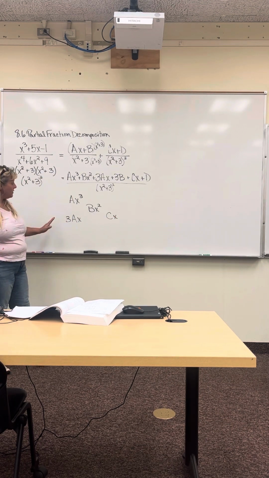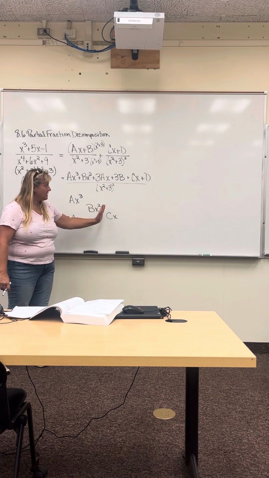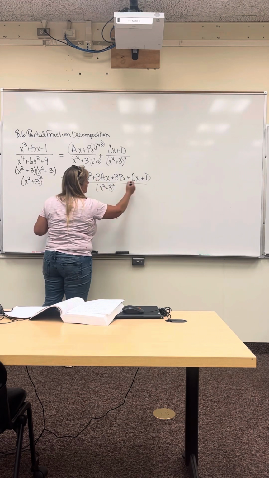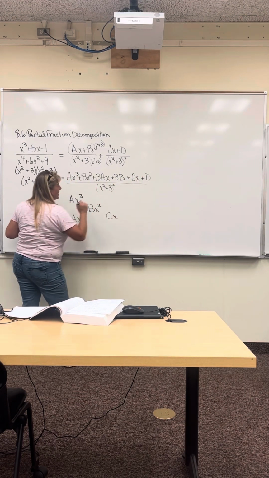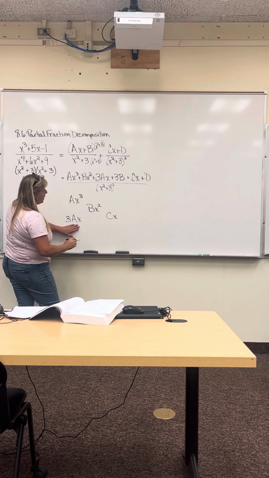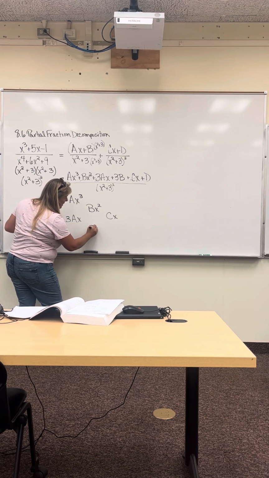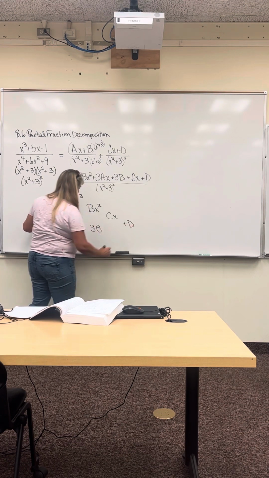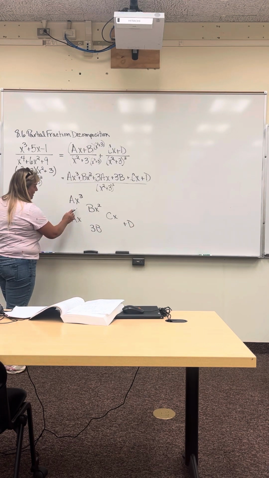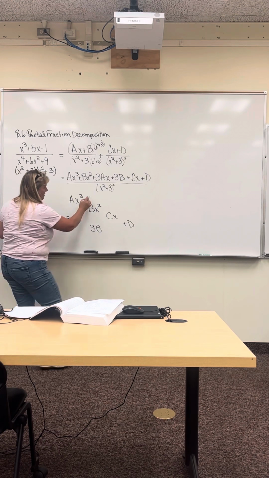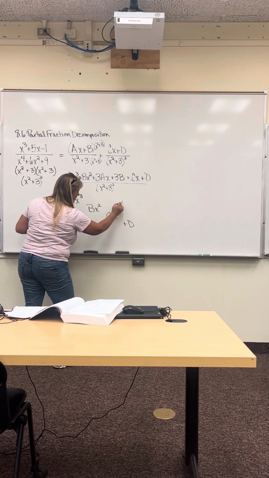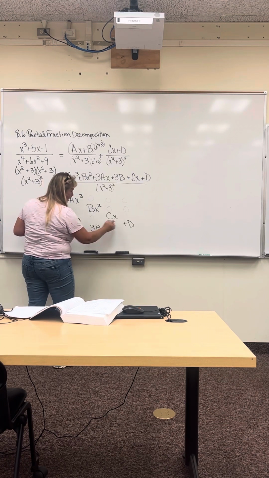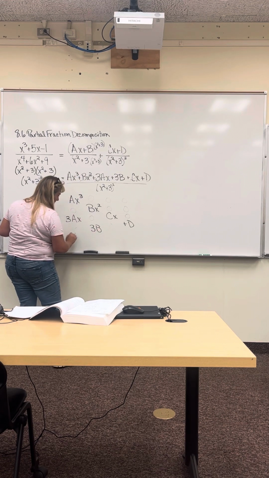Do you see why I'm doing this? I'm putting the a's, the b's, the c's in order there. Okay, so we've gotten rid of all of this and this guy. So this is the only one we have left, and that's our constant. So there's no a's, there's 3 b's, there's no c's, there's a plus d. Now if you like, there would be a whole bunch of zeros in here.